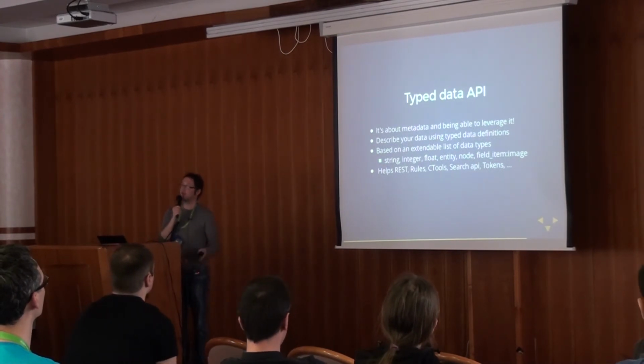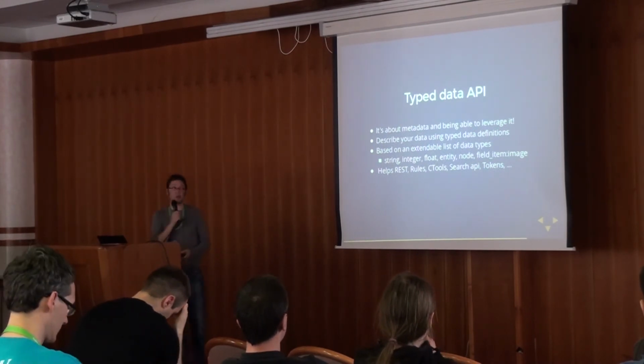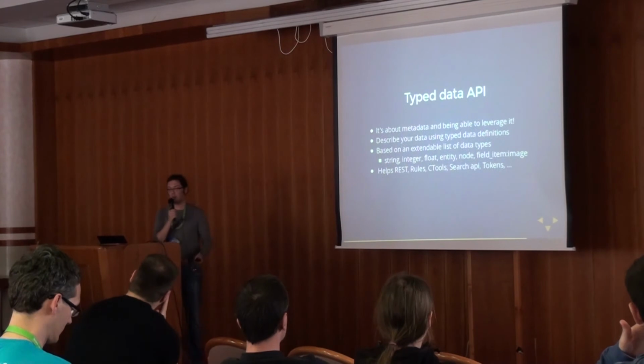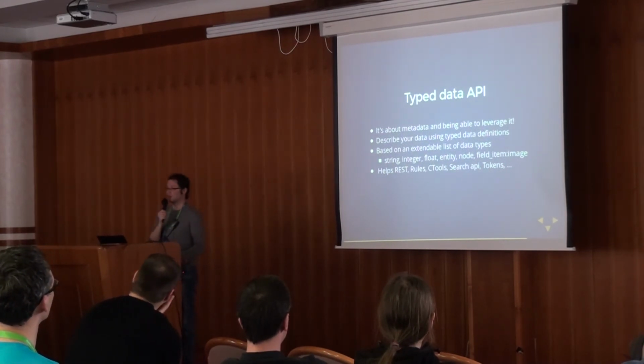Like when you have an entity with fields, you are able to check what kind of fields are in there, and for a field you can check what kind of properties it has. So that's the part the type data API ensures: that all that metadata is available to you.